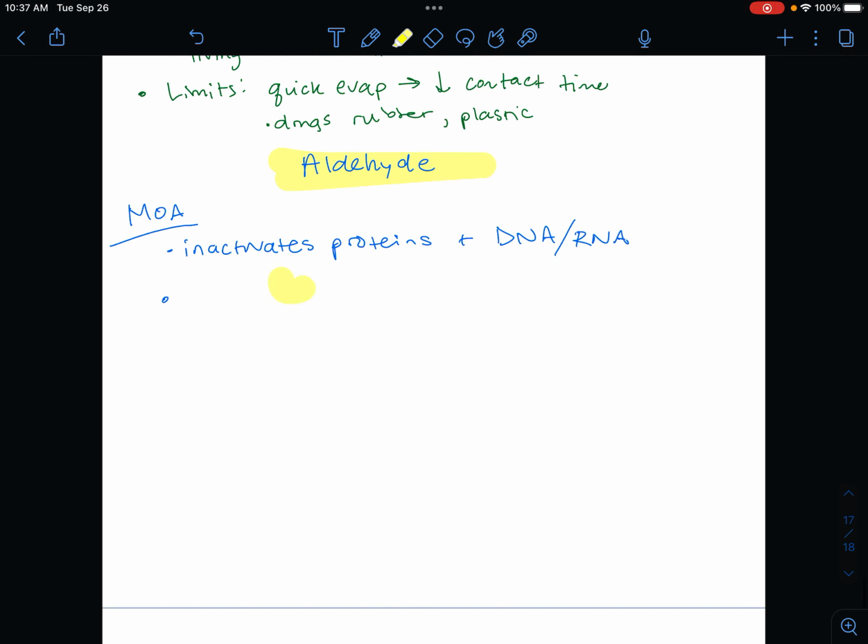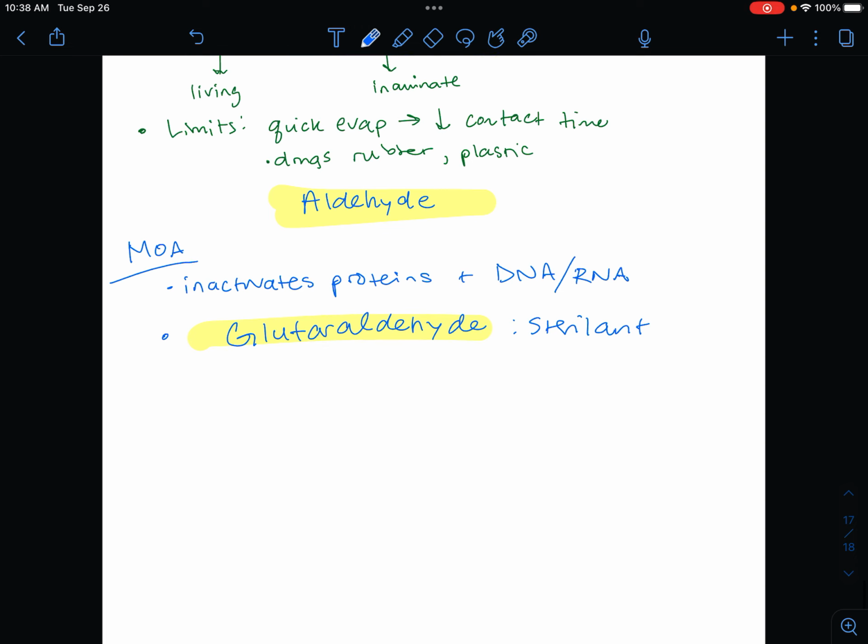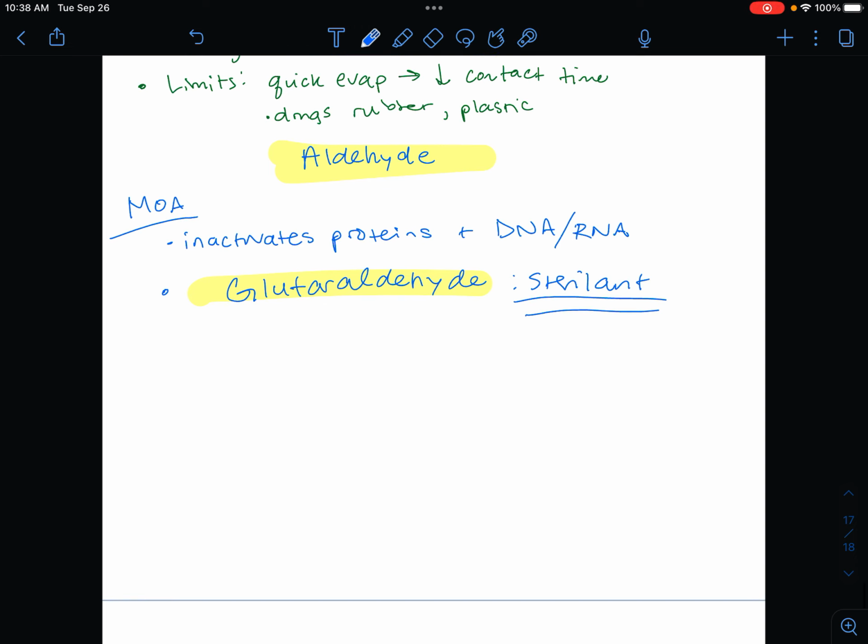Okay, so one of the main types is glutaraldehyde. And this is a sterilant. Remember, up here we learned that a sterilant destroys all microbes. So this is extremely powerful. However, it's toxic. Even though it's a sterilant when things are immersed in it for 12 hours. So we have kind of a double-edged sword because there's that danger and that toxicity.